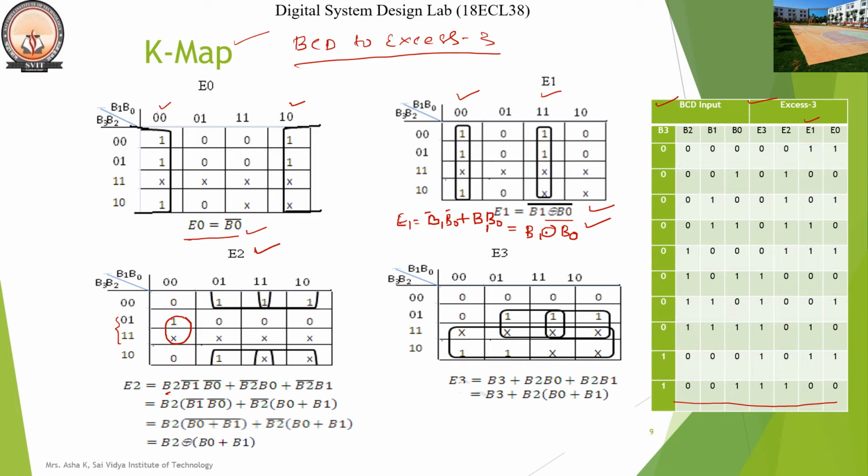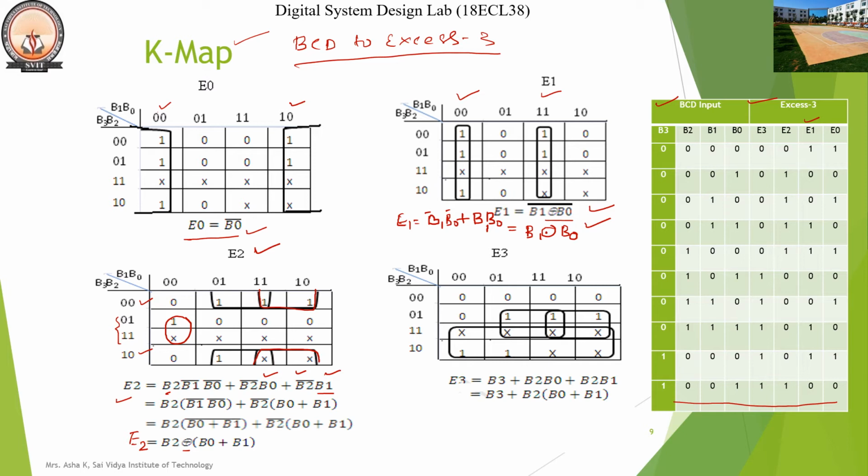For the second grouping, we are going to get B2 dash with B0, and for this particular grouping we are going to get B2 complement with B1 bit.